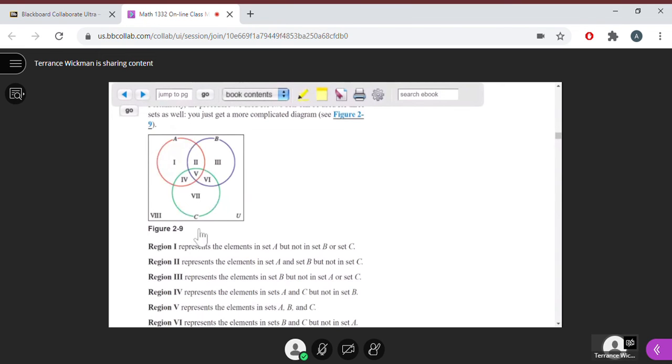A includes region 1, everything in A but 2, 4, and 5, because they only want the area in region 1. Region 2 is just what you see as 2. Region 3 is what you see in B. Every one of those areas is in and of itself its own region. They're just describing it. So, for example, the area 7 where I'm pointing to, well, that's all of C minus 4, 5, and 6.